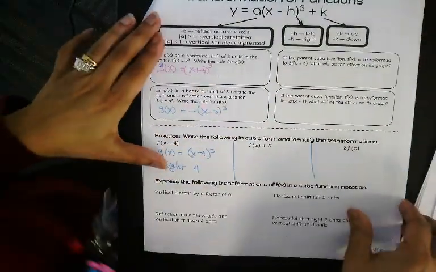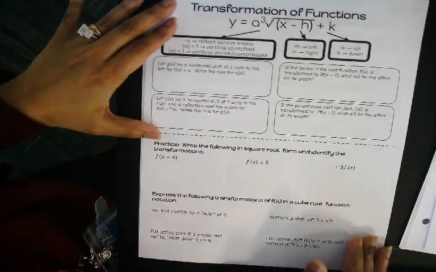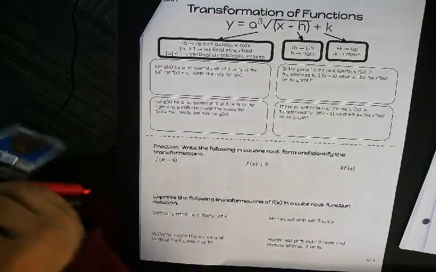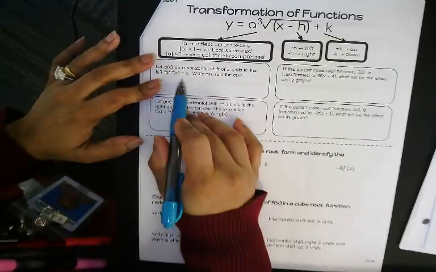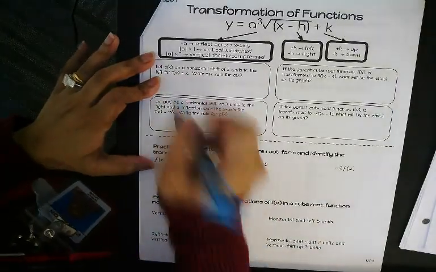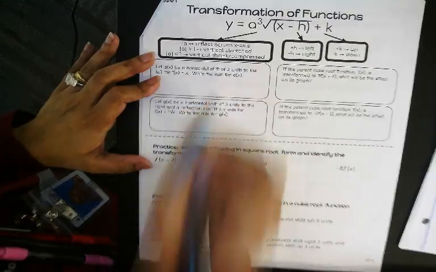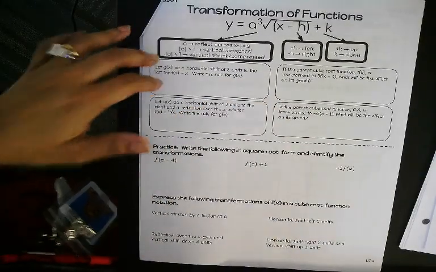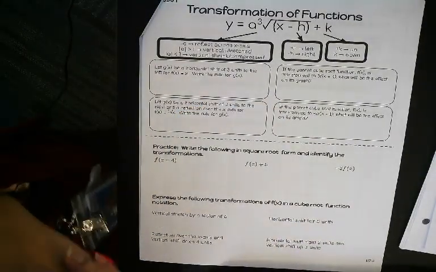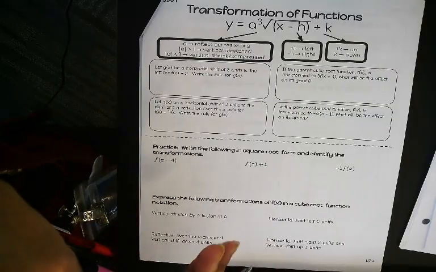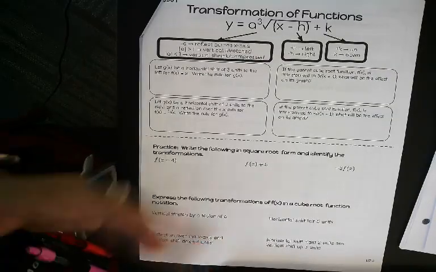Alright. We're going to talk about the cube root now. The same transformation. I'm just showing you one. The rest of it you're going to do with. So on this one, we're talking about the cube root function. It's a horizontal shift of 3 units to the left again. Since it's going 3 units to the left, is it a plus or a minus? It's a plus.